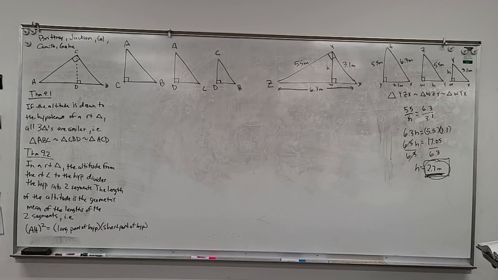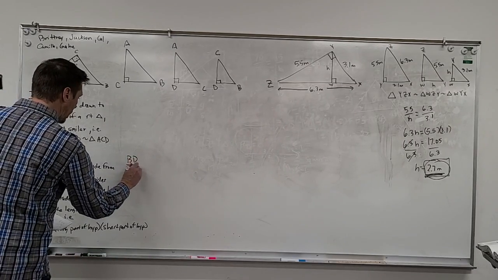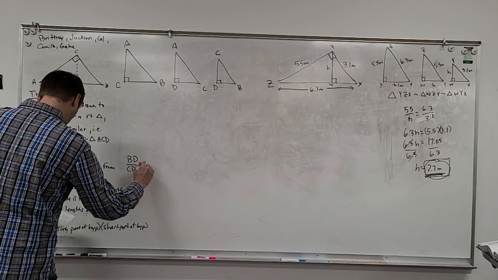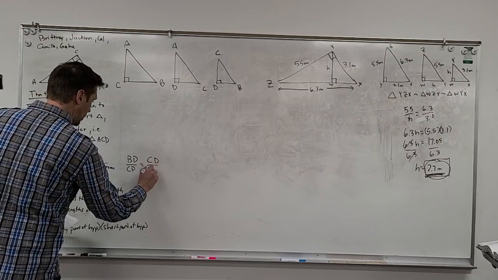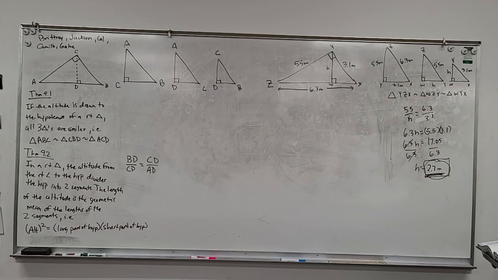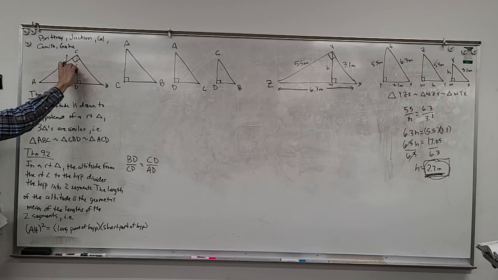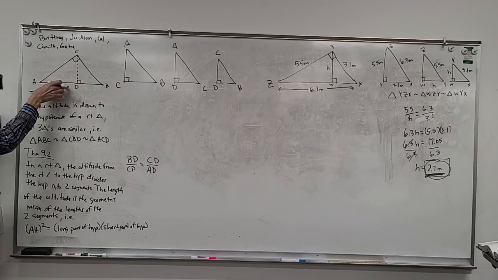So what does this actually mean when we think about our figure right here? It means that BD over CD equals CD over AD. So BD over the altitude equals the altitude over AD.